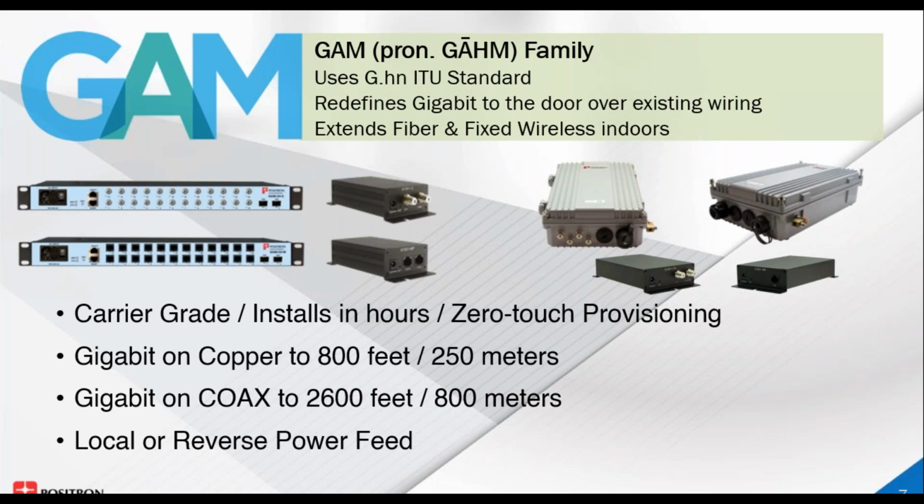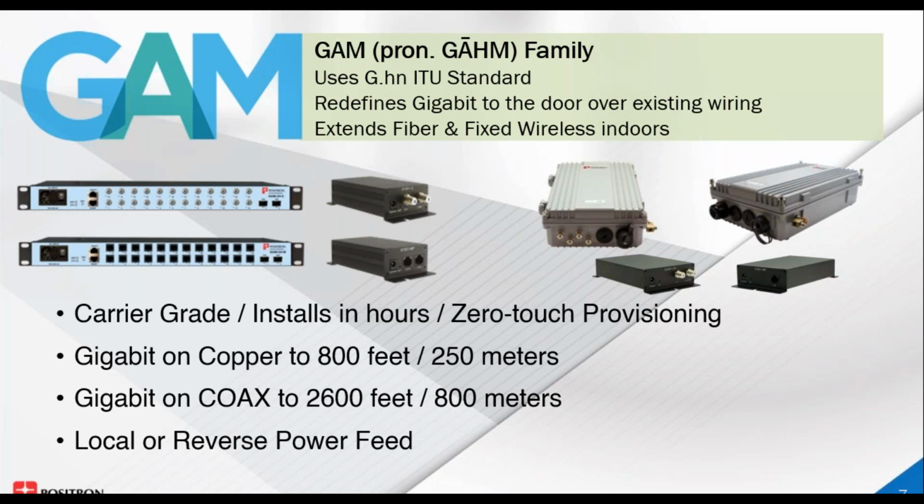Now you can serve the buildings from the outside in with these outdoor units that don't need local power, that are IP67, so they can withstand any kind of temperature conditions, hot or cold, sleet, snow, rain, whatever you can throw at them, and keep on operating. They support reverse power feeding, which means the subscriber can provide enough power to turn on their service, not the neighbor.